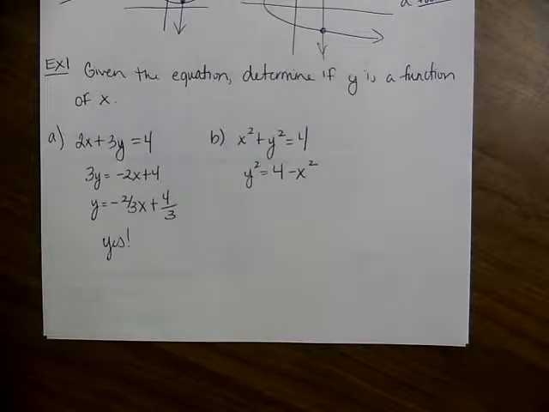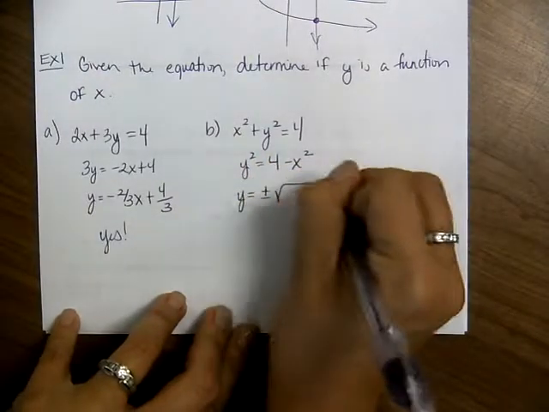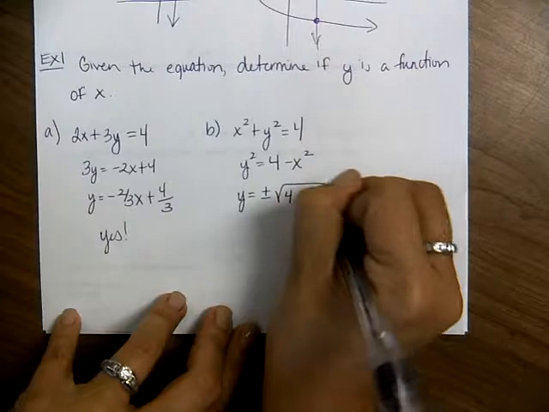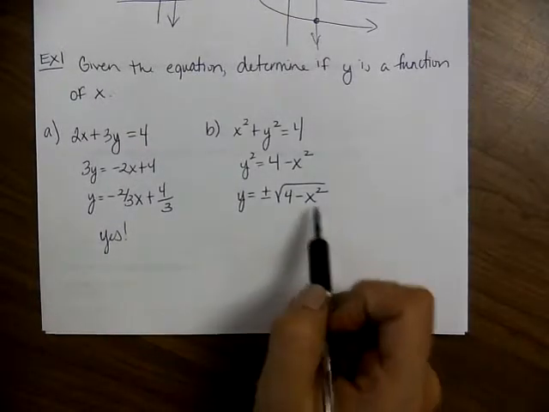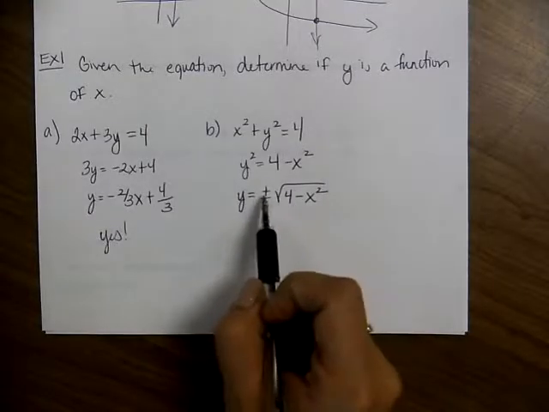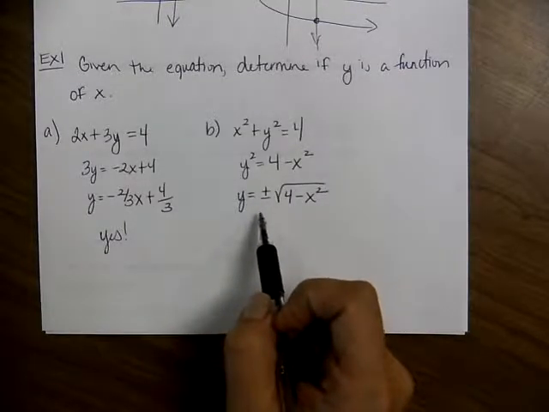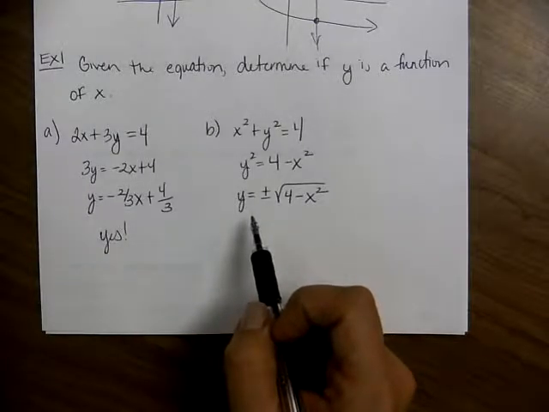Now when you take the square root and you're solving, what do you have to put in front? Plus or a minus. So I get y equals plus or minus the square root of 4 minus x squared. Okay, now let's think about this for a second. If x is 0, I plug in 0, I get the square root of 4, I get a solution of 2. But don't I get plus and minus 2? So for that one value of x, I got out 2 values of y.